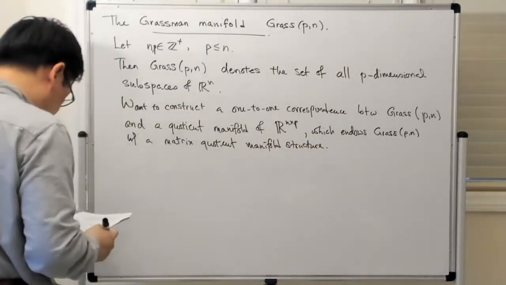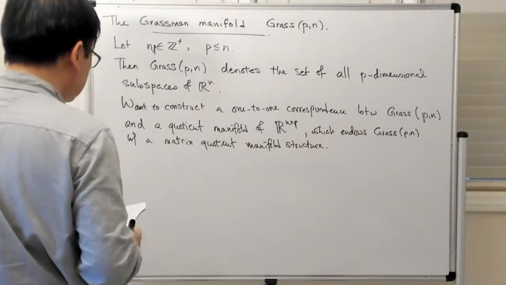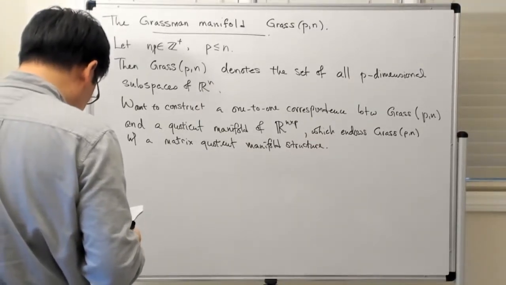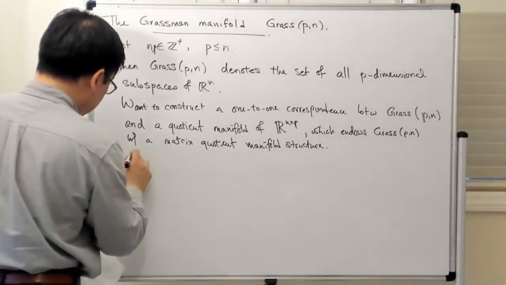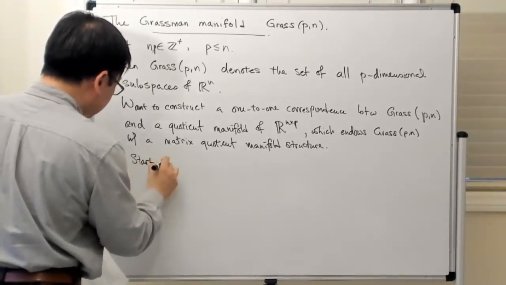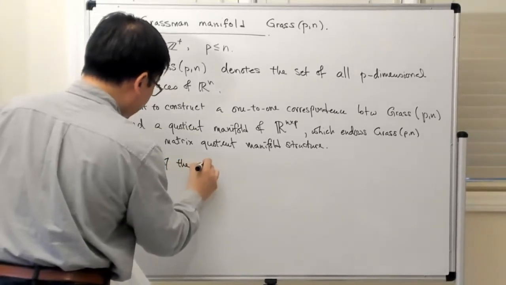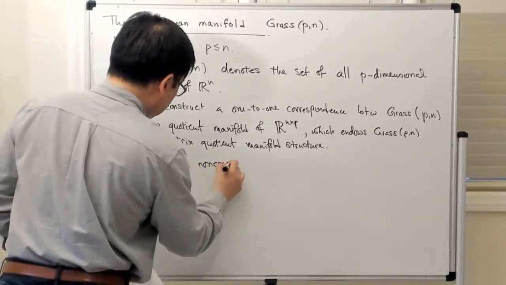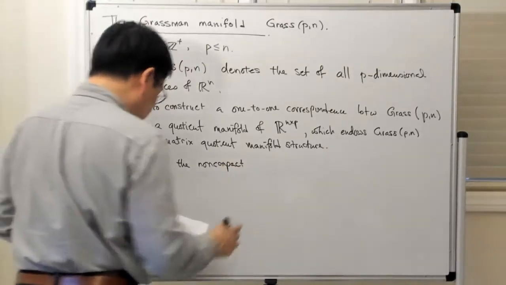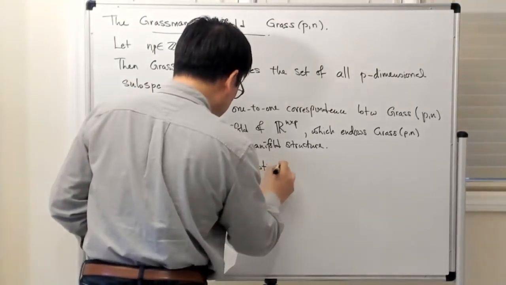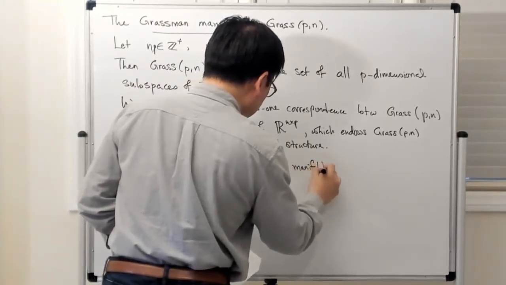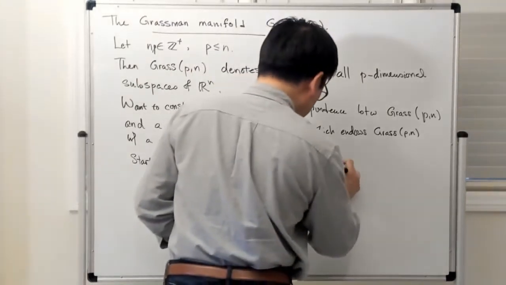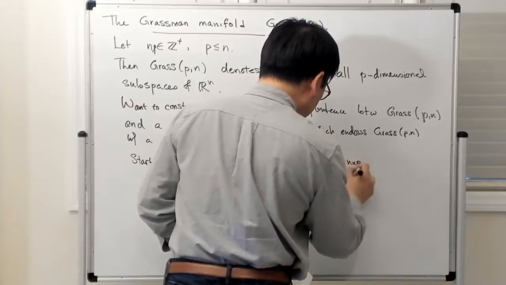Okay, so the way we're going to do this is we're going to start with the non-compact Stiefel manifold, which is R_*^(n×p).